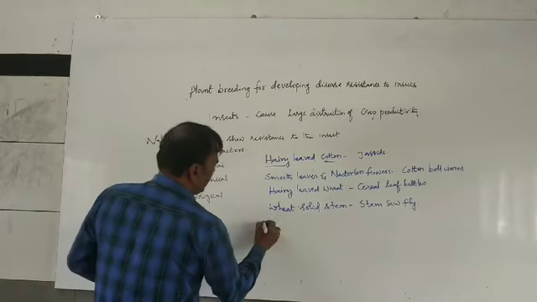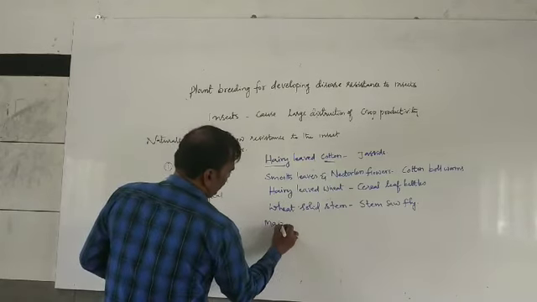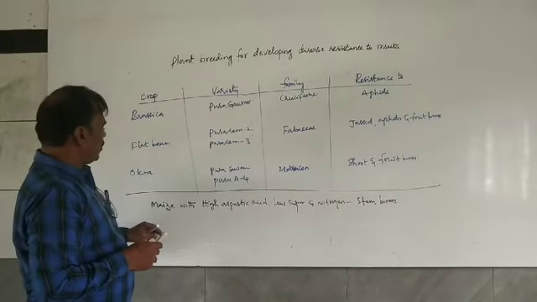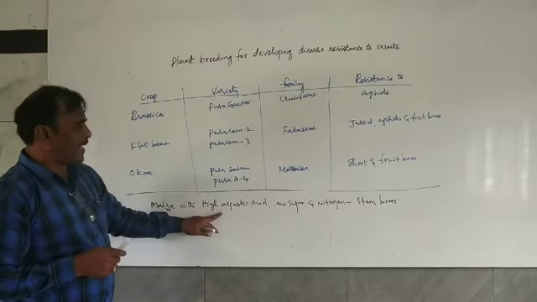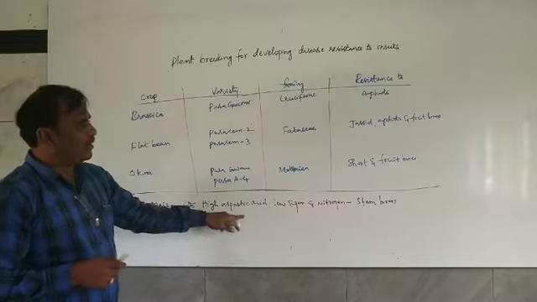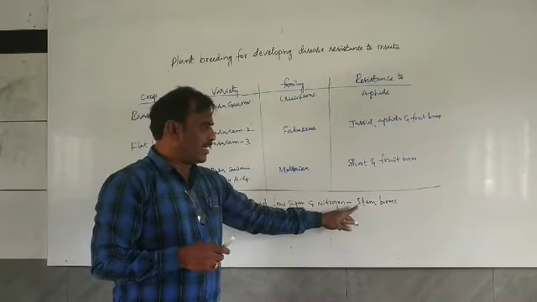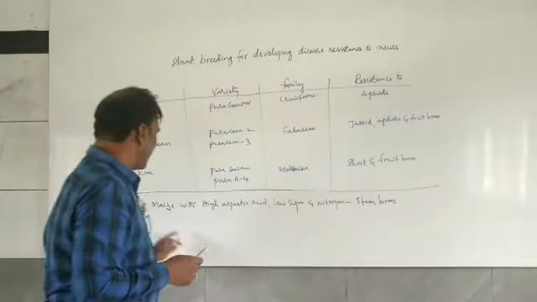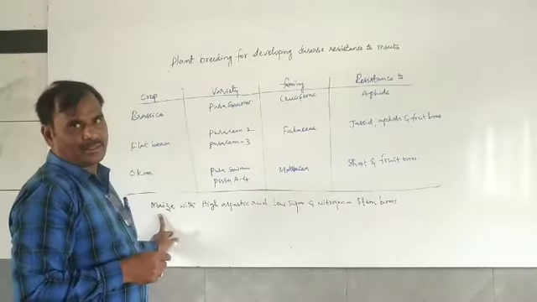In maize, maize with high aspartic acid, low sugar content and low nitrogen shows resistance to stem borers in the maize plant.